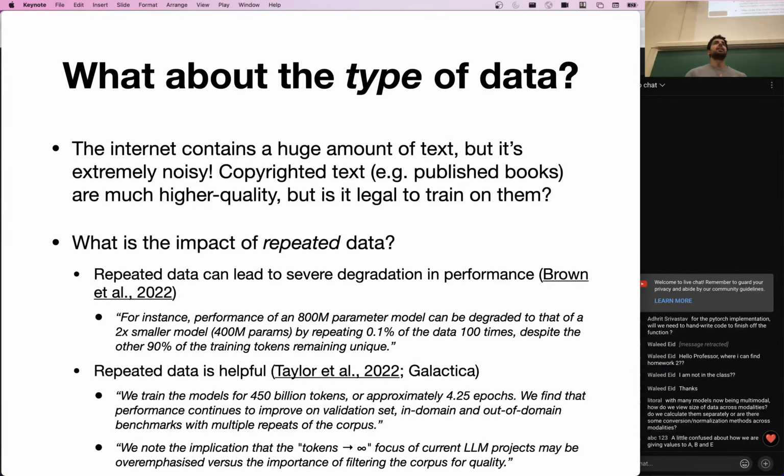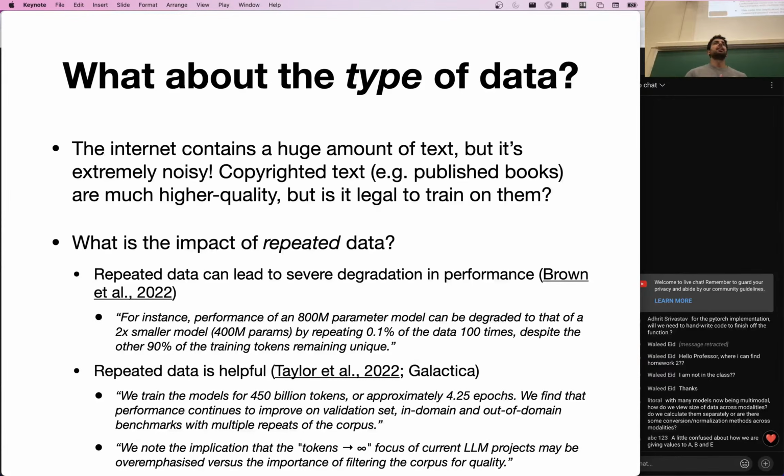Because that's obviously much higher quality than the internet. So I suspect we'll be seeing a lot of legal battles forthcoming once people figure out reliable ways to say, was GPT-4 trained on this book, yes or no? And if you're the author of that book and the answer is yes, you might want some money, right?